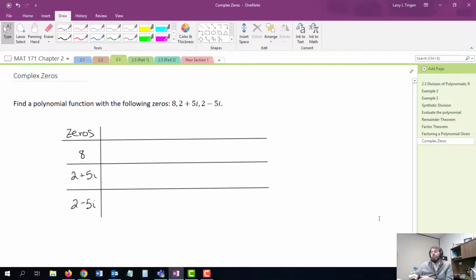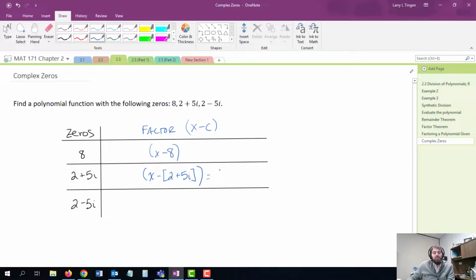I just want to make sure we're drawing the right conclusion from each of these. So if 8 is a zero, then the factor x minus 8 goes into the polynomial function that we are going to create. If 2 plus 5i is a zero, then x minus (2 plus 5i) is a factor of the polynomial I'm interested in.